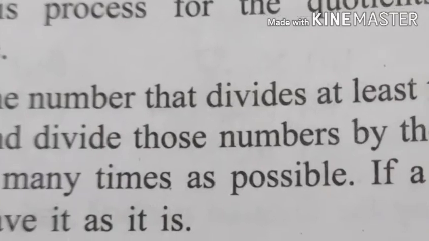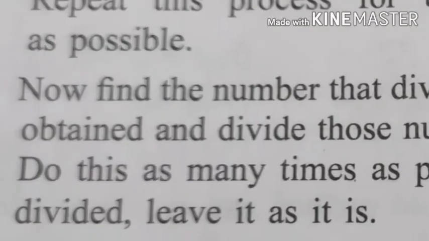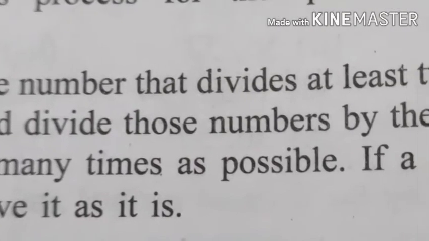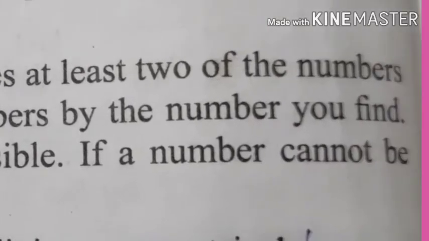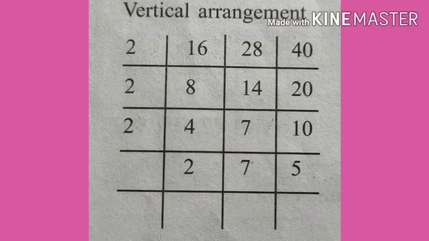After this, find the number that divides at least 2 of the numbers and divide those numbers by the number you find. Here 4 and 10 are divided by 2 and we get 2, 5, but 7 will remain as it is. Stop when the only common divisor is 1.